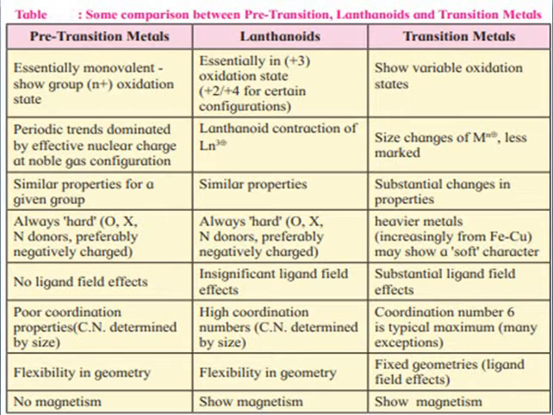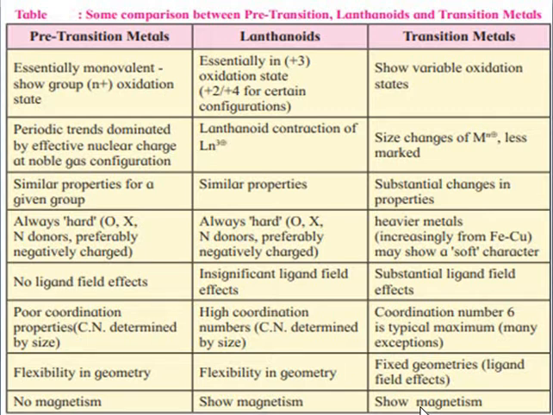Lanthanoids show magnetism, and transition metals also show magnetism. These magnetic properties are calculated in Bohr magneton, mu equals square root of n(n+2) Bohr magneton. This is the comparison between the pre-transition metals, lanthanoids and transition metals.